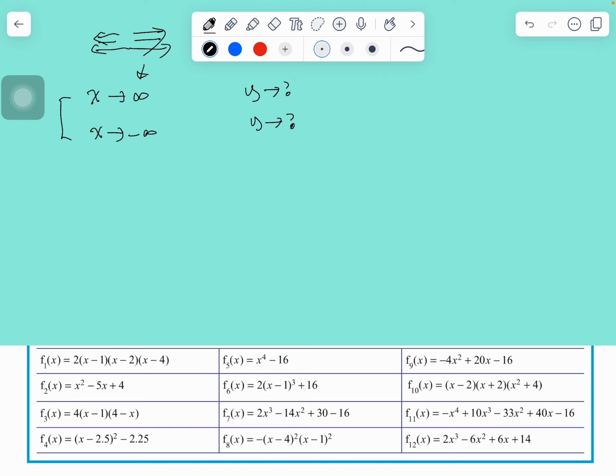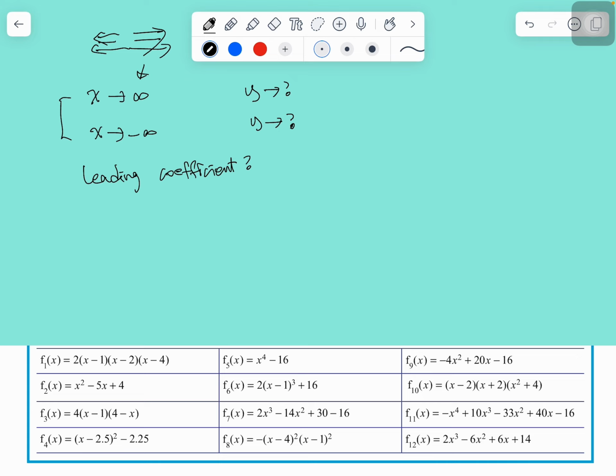When you are asked to answer the end behavior, you need to find out how the graph behaves when x goes to infinity or negative infinity. There are some rules. We need to see the leading coefficient. So what is the leading coefficient? A polynomial always has a degree. The highest number on the upper right side of the x is the degree.